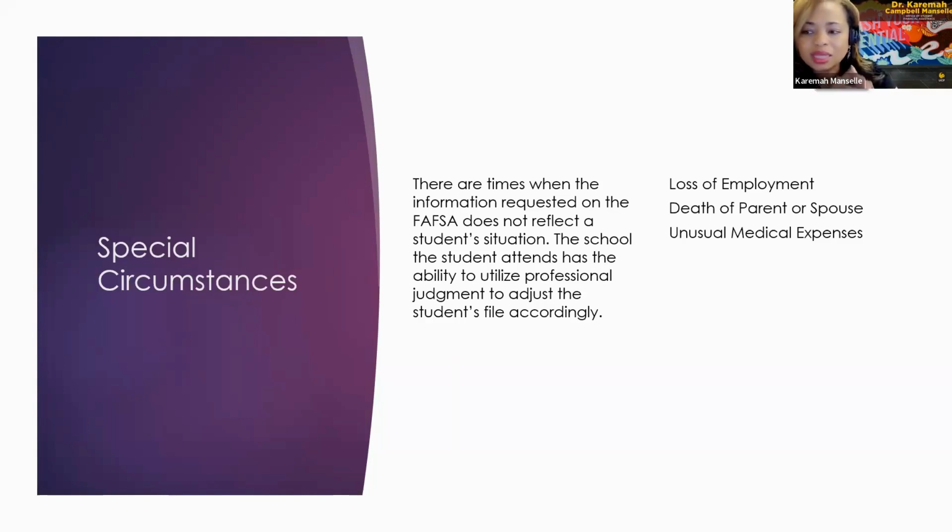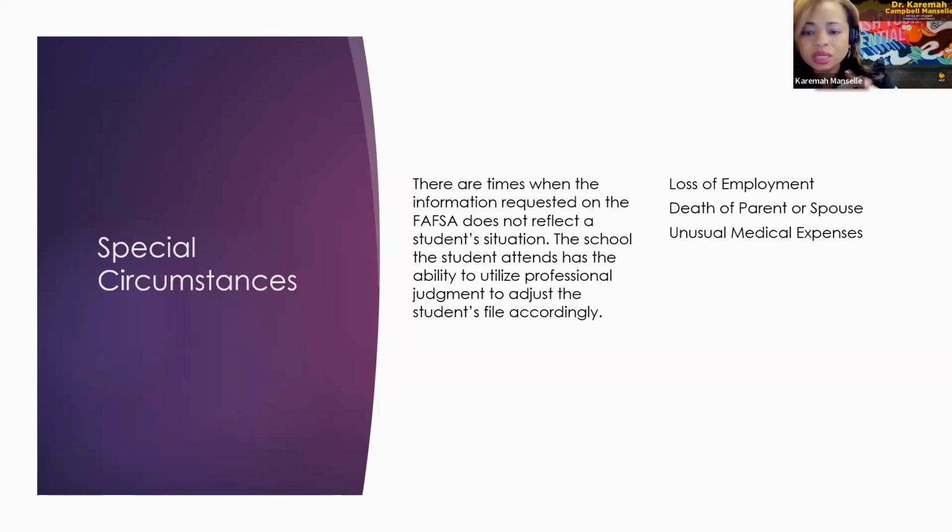So as we discussed previously, the current FAFSA, the 24-25, so the FAFSA for next year, is using 2022 tax information. It is possible that since 2022, that family situation has changed. In those instances, this is where a financial aid office can exercise professional judgment based on a special circumstance.